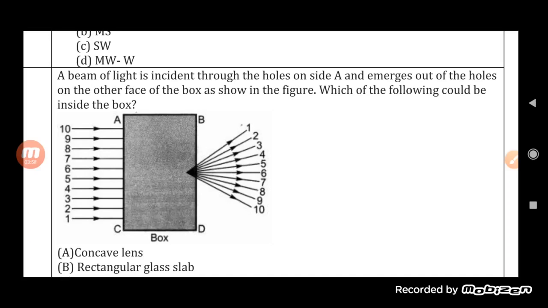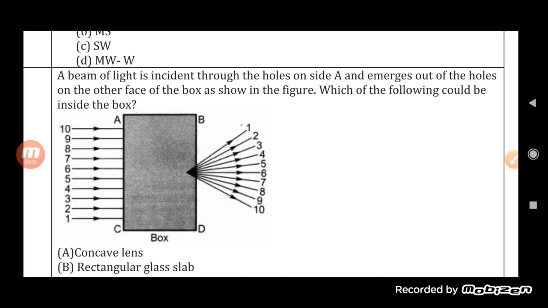So a parallel beam of rays is incident on the hole on side A and emerges out of the hole on the other face. So what kind of lens will be there inside it?